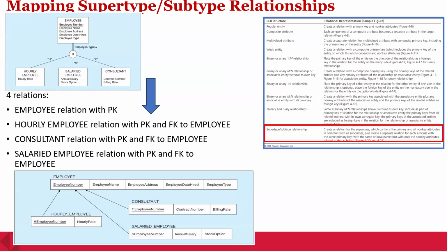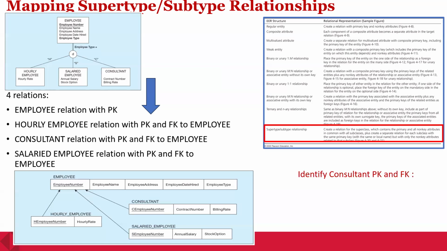For consultant, we add contract number and billing rate, and so forth. Again, when we have a subtype supertype relationship, we create a relation for each element here. So one for the supertype and one relation for each subtype. And for the subtypes, we add primary keys, which are the same as the primary key of the supertype, which is also going to be a foreign key to the supertype.